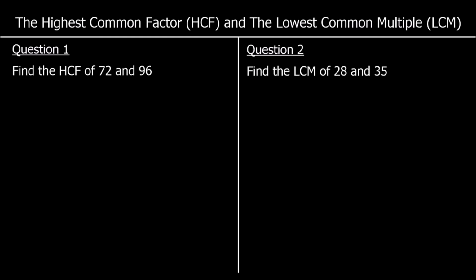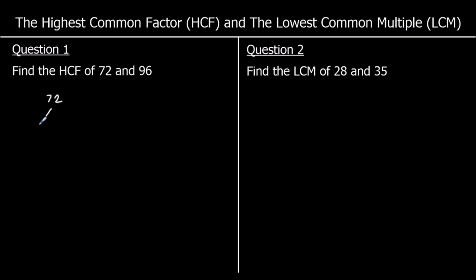Okay, to finish up, 2 questions. Question 1, find the highest common factor of 72 and 96. And question 2, the lowest common multiple of 28 and 35. Okay, so question 1, we're going to break these numbers down into their prime factors.